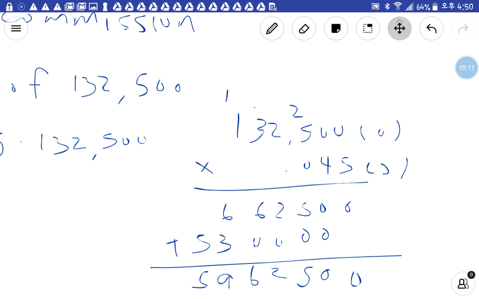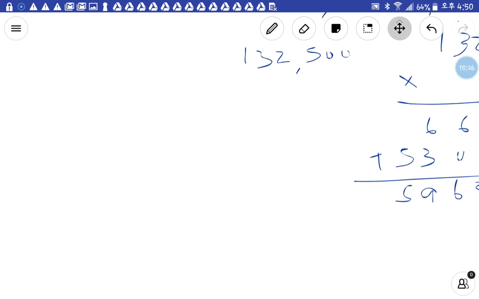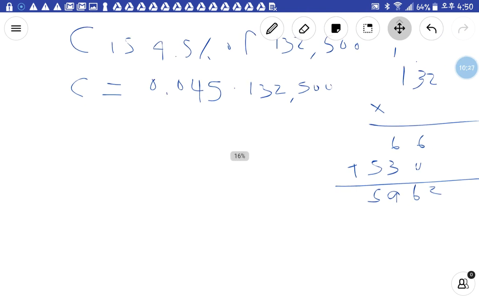Now you have to deal with your decimal point. You have a 3, so move 1, 2, 3 to the left. My answer, 5,962.500. But look, this is money. How many decimal places do we need? 2, which is for cents, right?